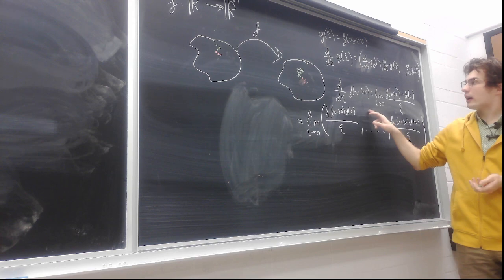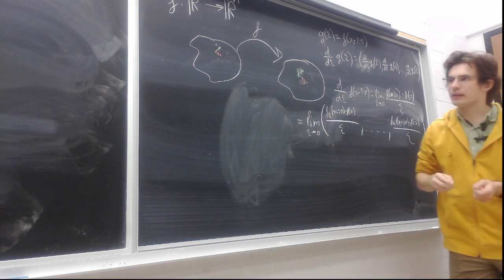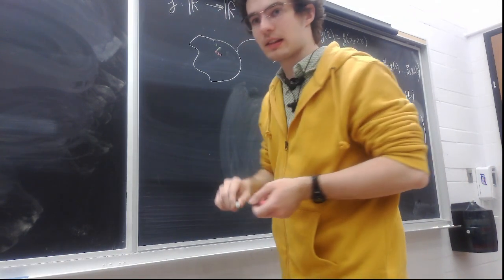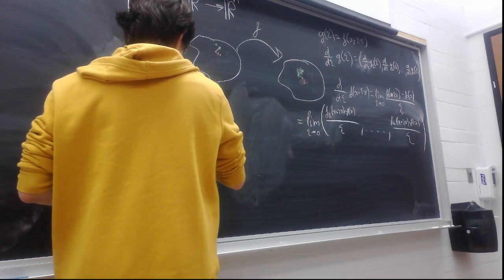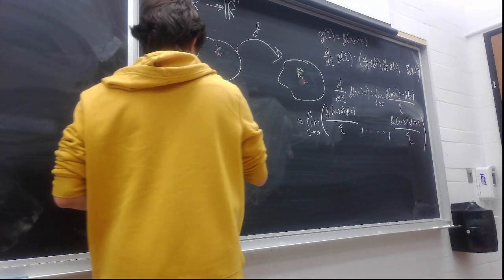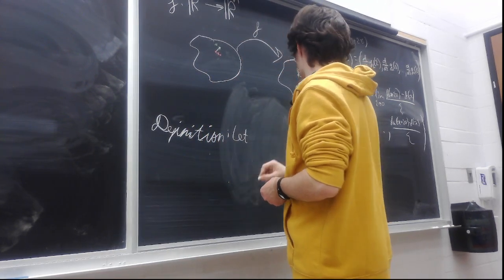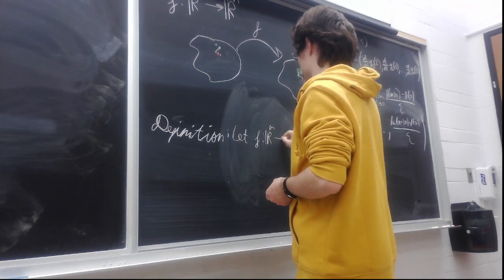So we figured out how to do a directional derivative. Do you agree? So let's try and formalize this. Let f be a function from R^m to R^n.